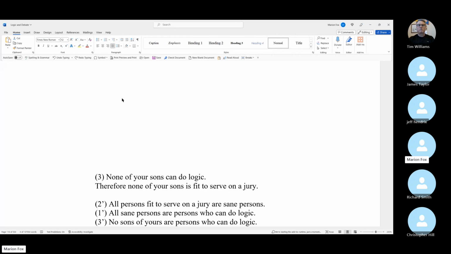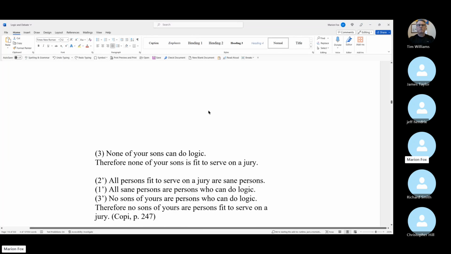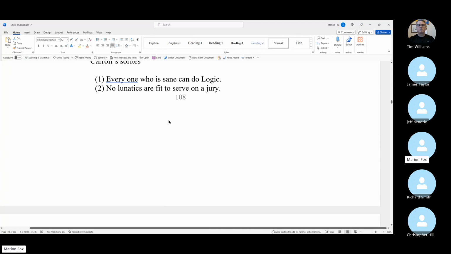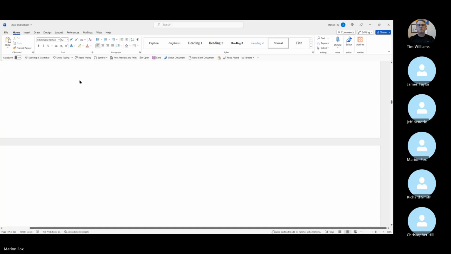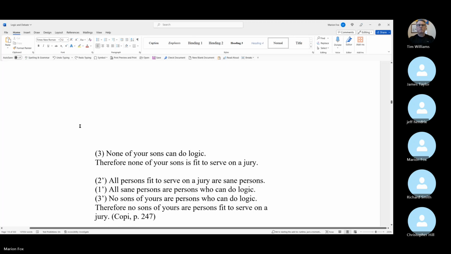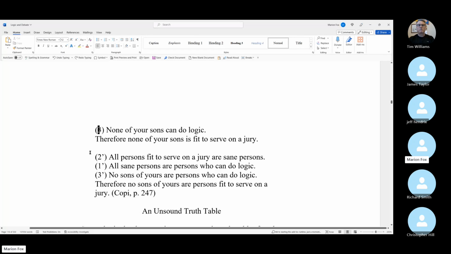And you'll find that sometimes arguments won't be put in the right order by the person making the argument. So he's labeled the terms 1, 2, and 3, and he's shown that the order has to be 2, 1, 3. And when we put them in this order, we can see that it's valid.